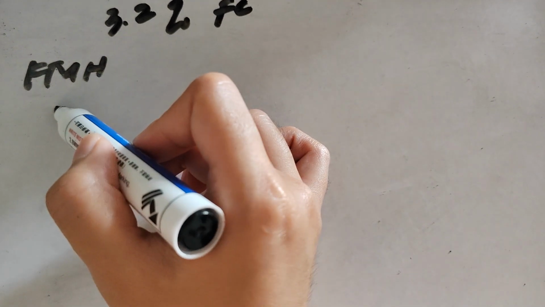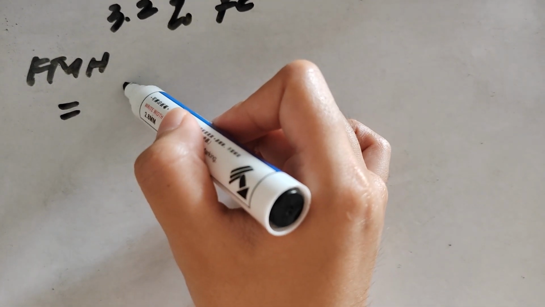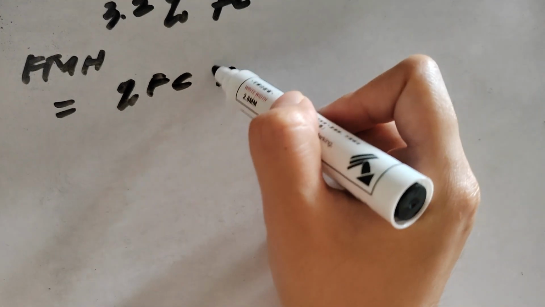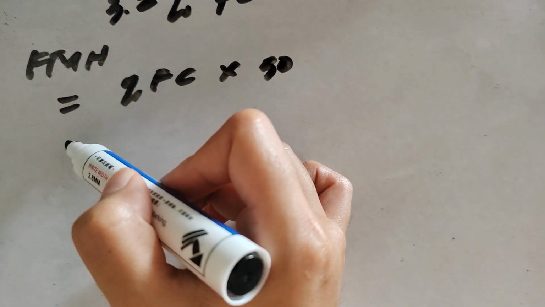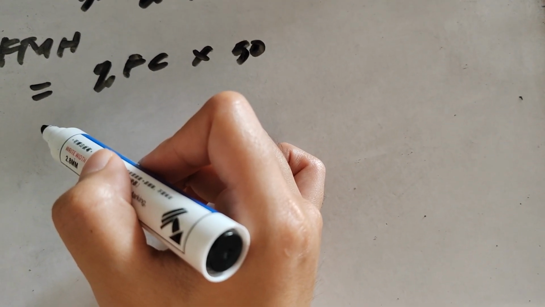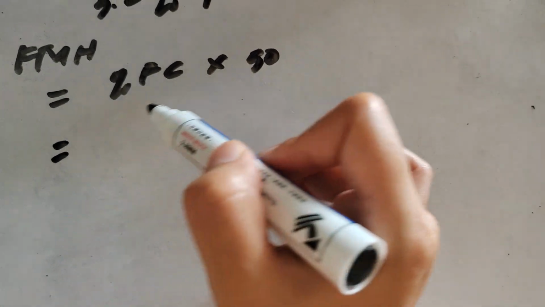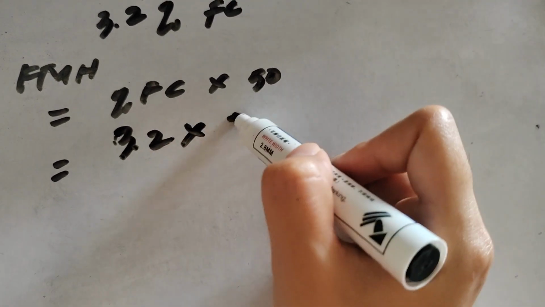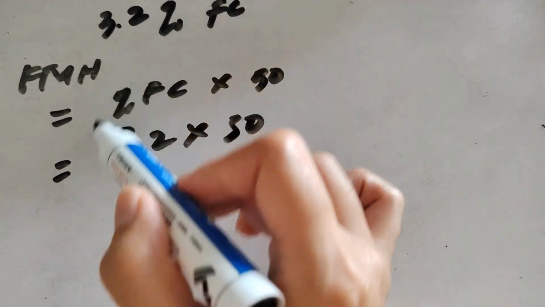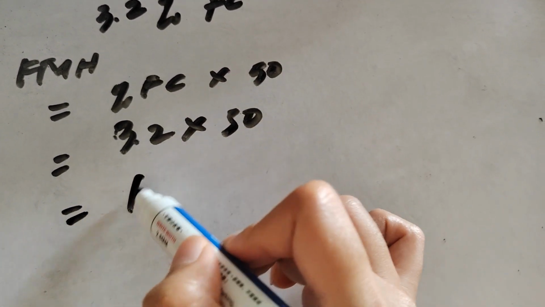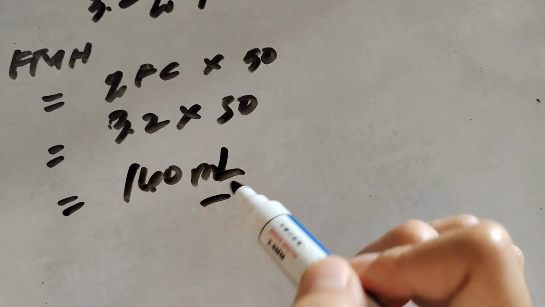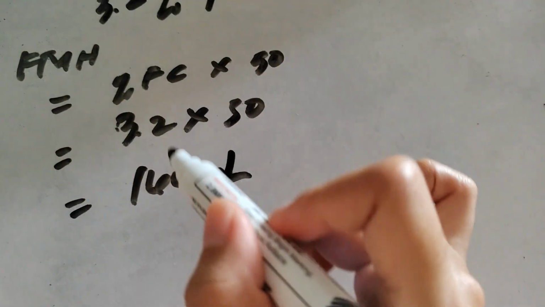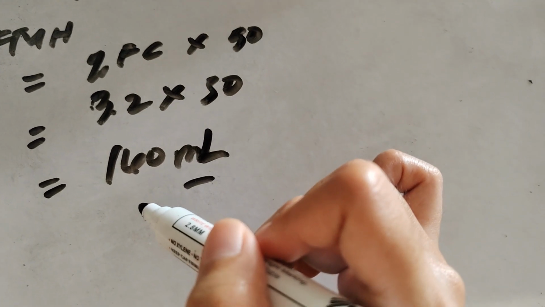So, ang formula ng FMH is the percent FC times 50. Remember? Equals, so percent FC, we have 3.2 times 50. That's gonna give you 160. So, ang unit natin dito is ml. So, fetal-maternal hemorrhage natin is 160 ml.